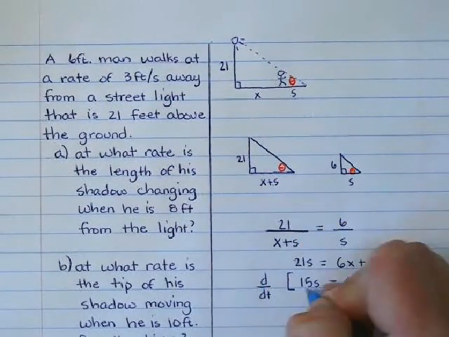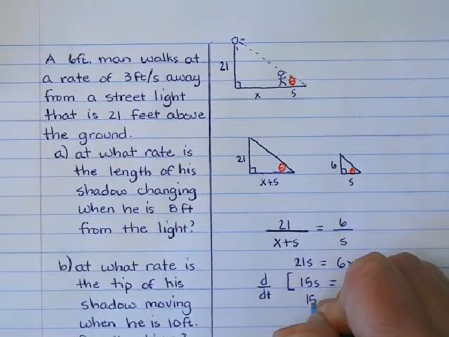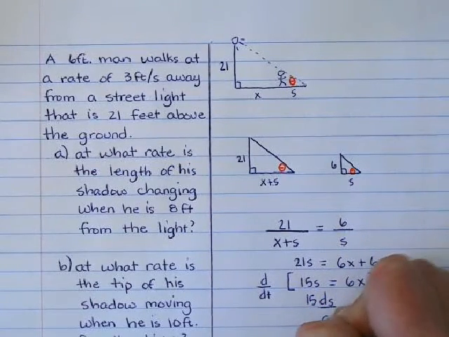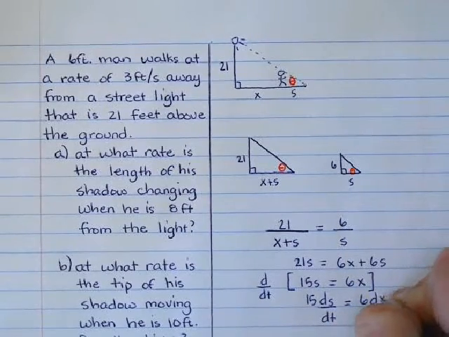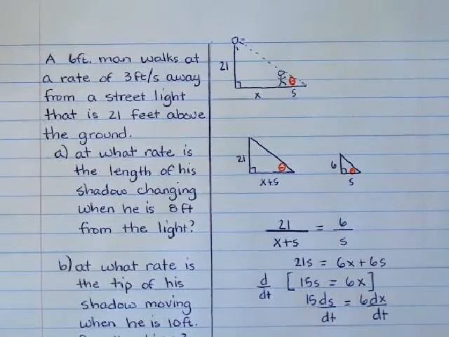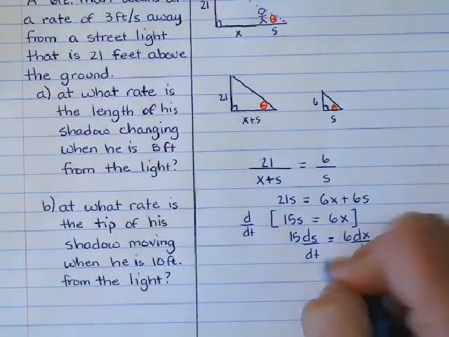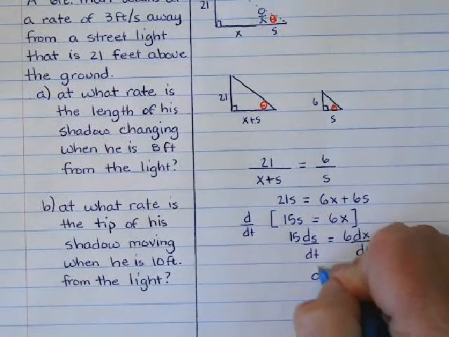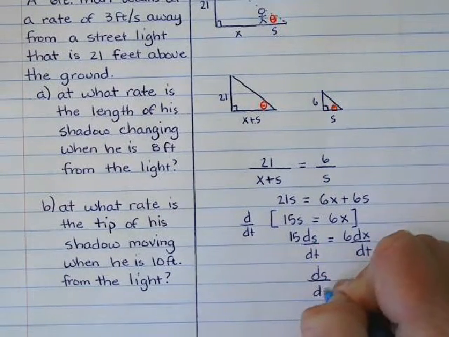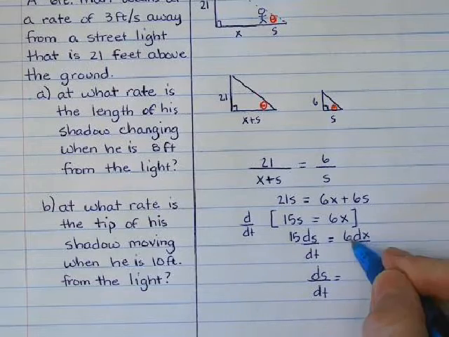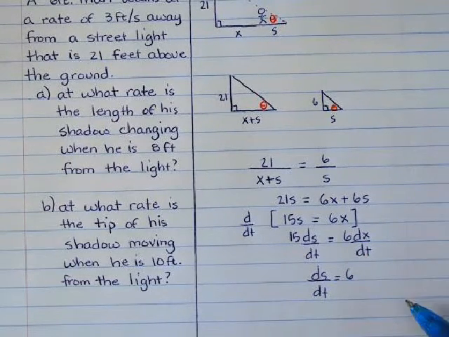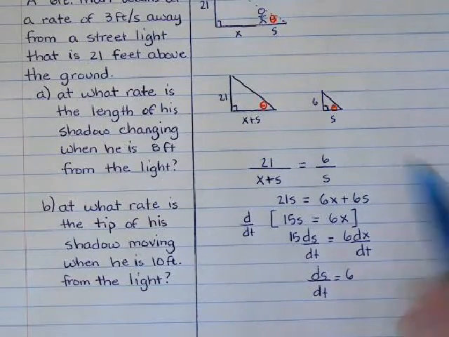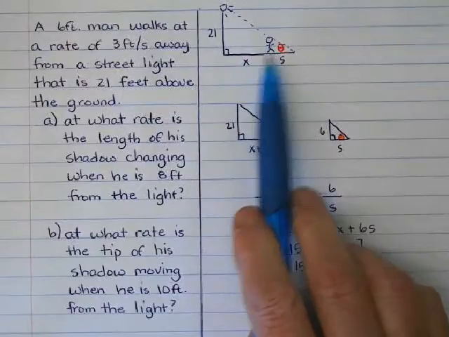That's going to give me 15 ds/dt is equal to 6 dx/dt. So then that tells me that ds/dt is 6 times dx/dt. We said it was at a rate of 3 feet per second. We have to think about whether it is positive or negative.